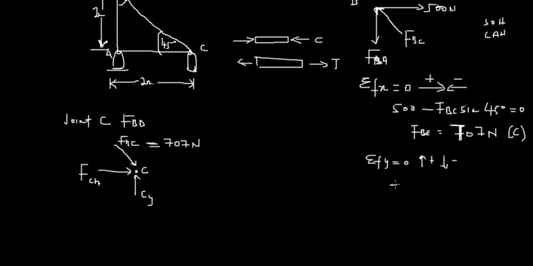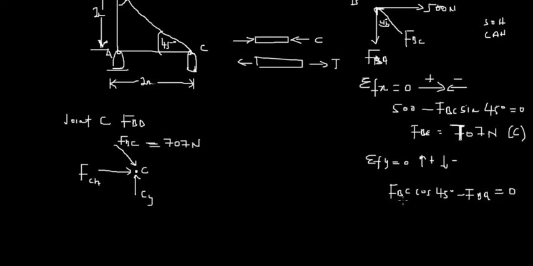So we have FBC cos 45 degrees, because this is 45 degrees. And then you have FBA, which is acting in the opposite direction. So negative FBA, and then we equate that to 0.